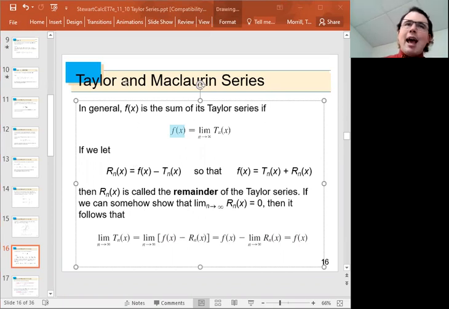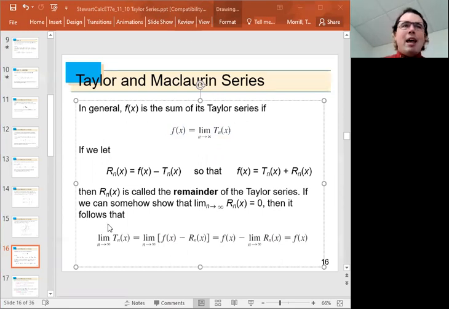Then I can look at the Taylor polynomials, right? I can just take n different derivatives of my function, use those derivatives to find the coefficients for a polynomial. And those were the Taylor polynomials that I called T sub n. So the degree of this polynomial is its degree n.